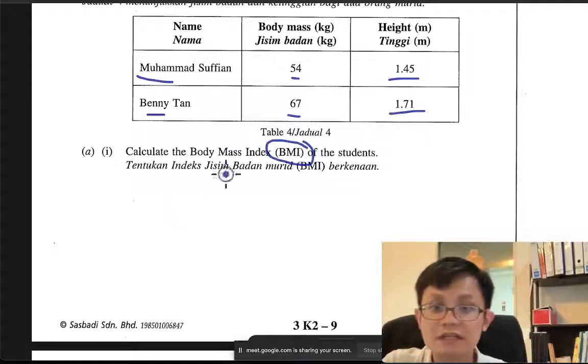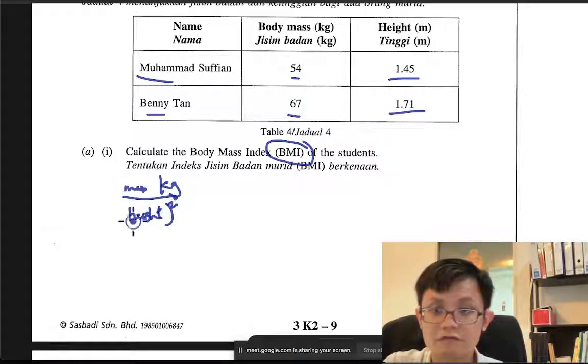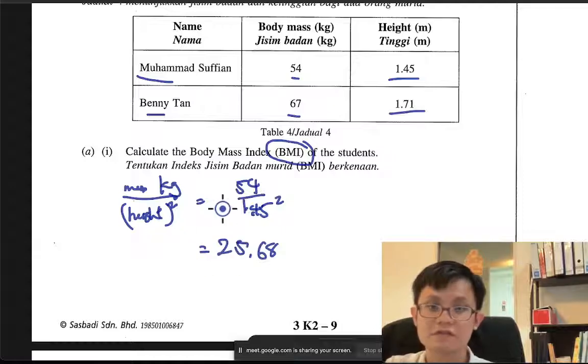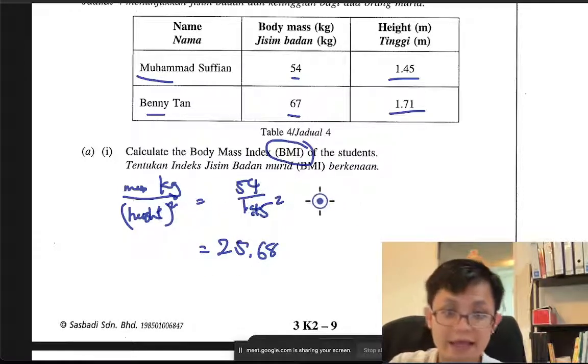Okay, let's do this. The formula is mass in kg divided by the height to the power of 2. So the mass will be 54 over 1.45 squared. This will be the BMI for Muhammad Sufyan.